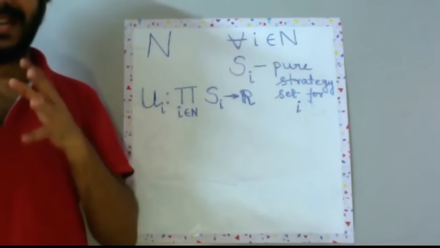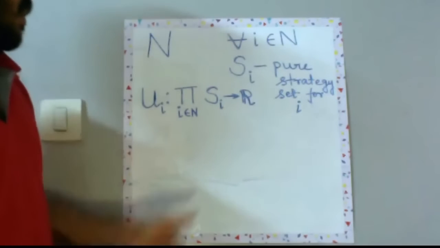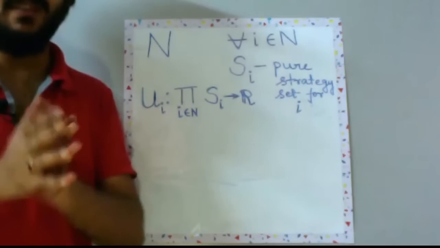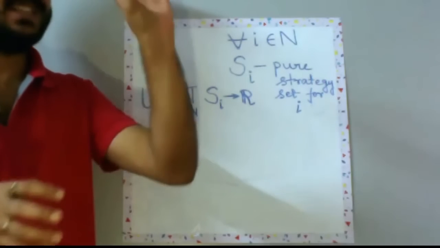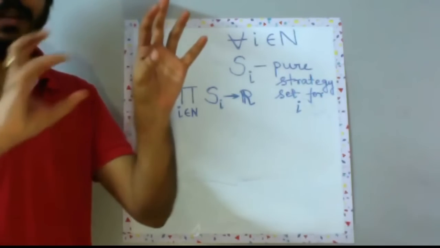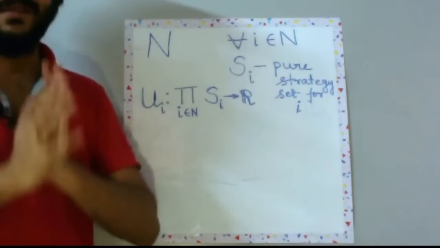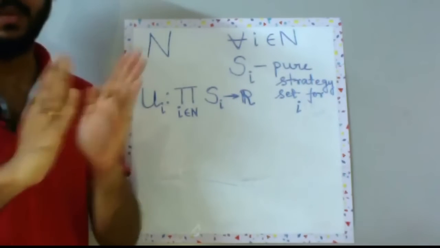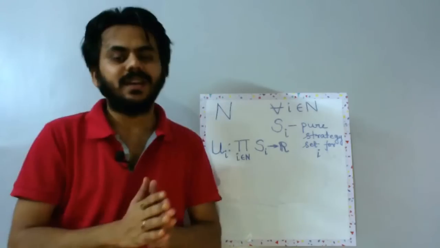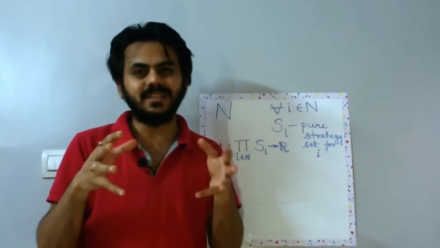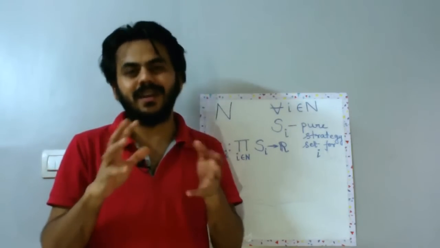Product set of strategies means that I take all the strategy sets. Let's say you have 2 players, so capital S1 times capital S2. That is your product set. So capital S1 times capital S2 to the real number line. Now if you have a bit of understanding of sets and relations, then you would have automatically understood it.